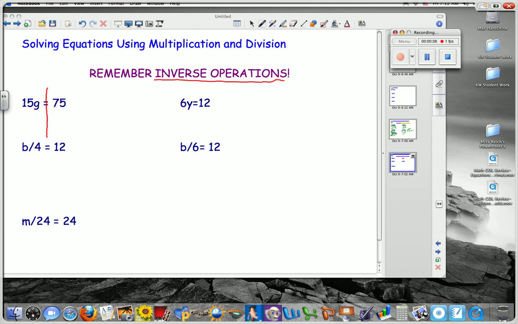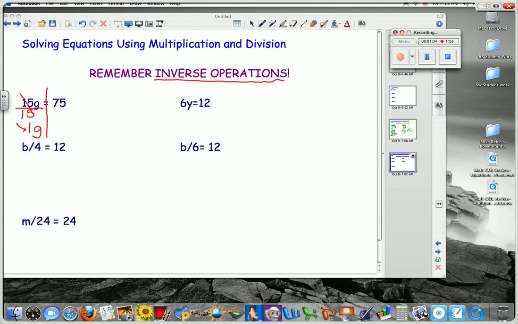So what operation is being done to the variable? What's keeping it from being by itself? Well, it's being multiplied by 15. So I've got to divide by 15. 15 divided by 15, remember, turns to 1 g. And you don't have to write this. This 1 here is totally optional.